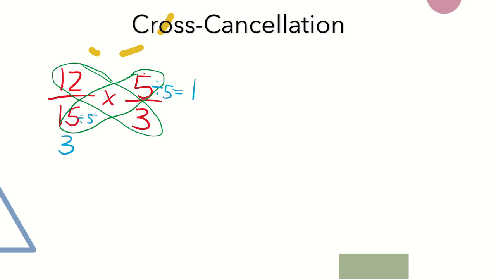Let's look at my next one. What's a number that goes into both 12 and 3? 3. Divide by 3, that gives me 1. Divide by 3, that gives me 4. So now my new number.